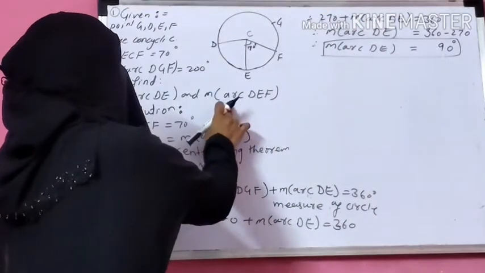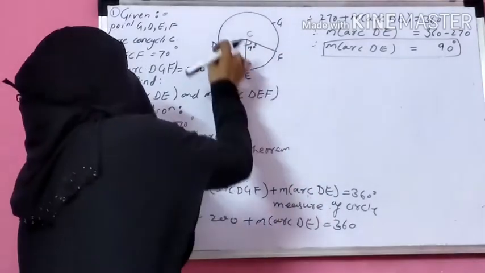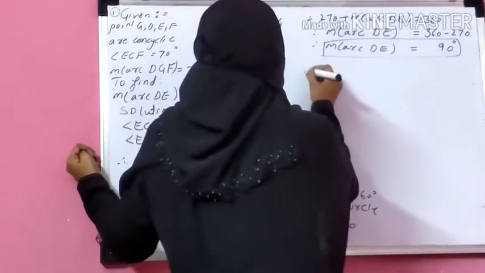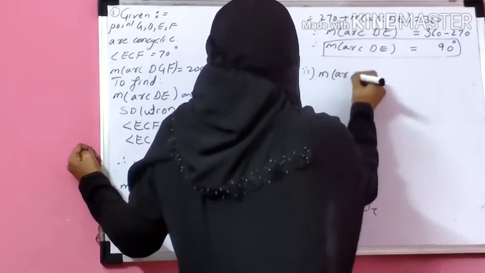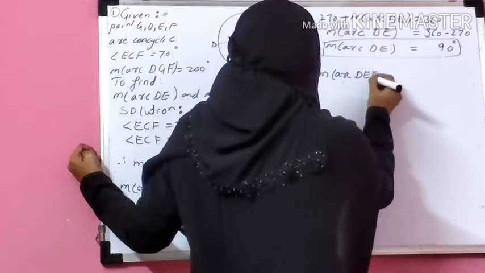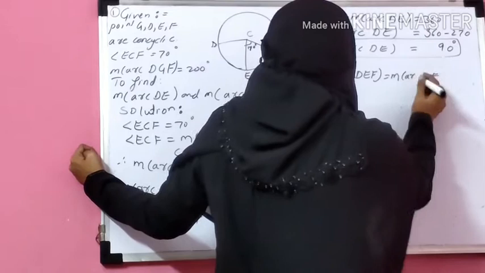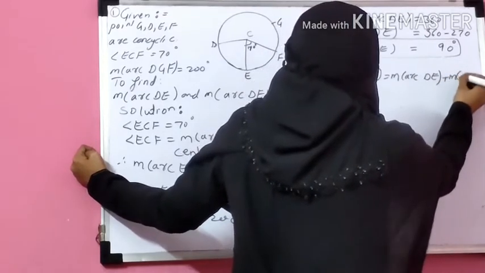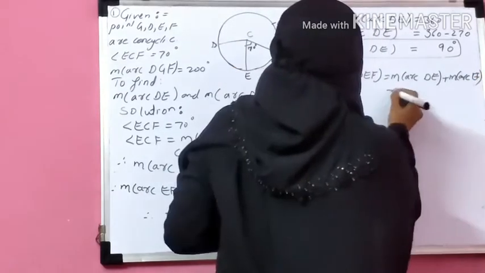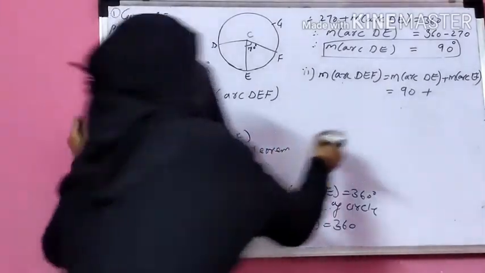Next you have to find the measure of arc DEF. Measure of arc DEF is the addition of measure of arc DE plus measure of arc EF. The value of DE is 90 degrees, and the measure of arc EF is 70 degrees.